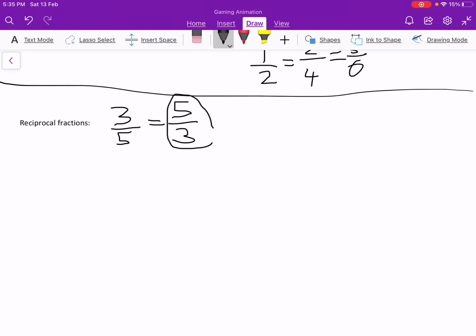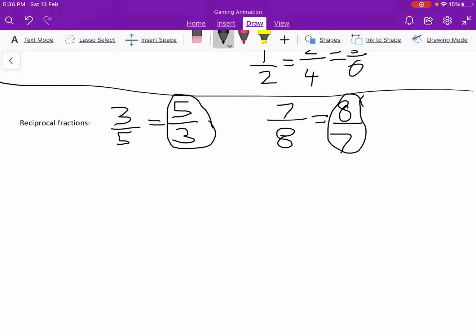This is the reciprocal fraction. Okay, so now let me give you another example. 7 by 8. We want to turn it into a reciprocal fraction. You just do 8 by 7. This is the reciprocal fraction.